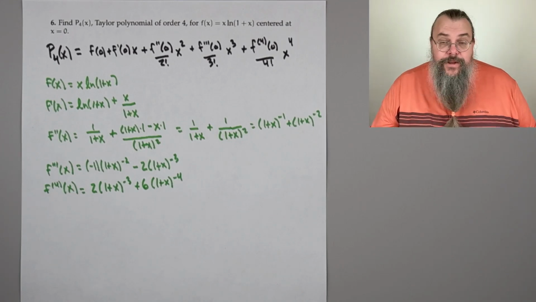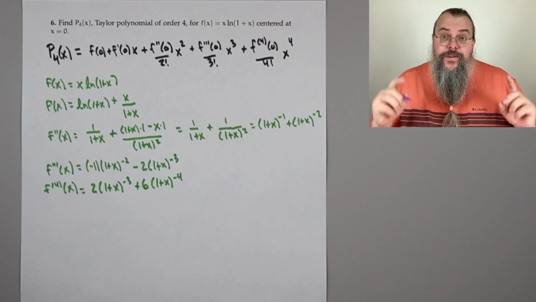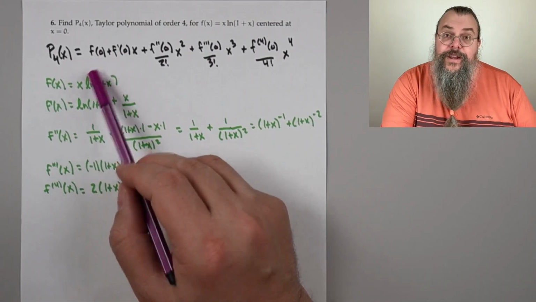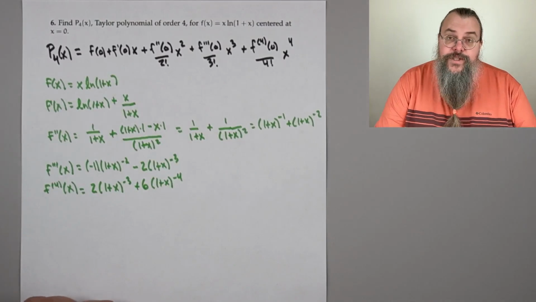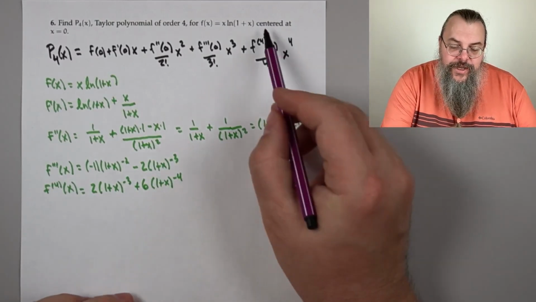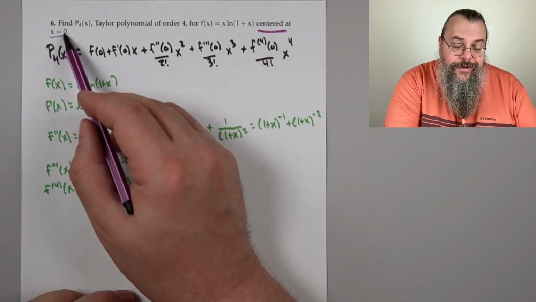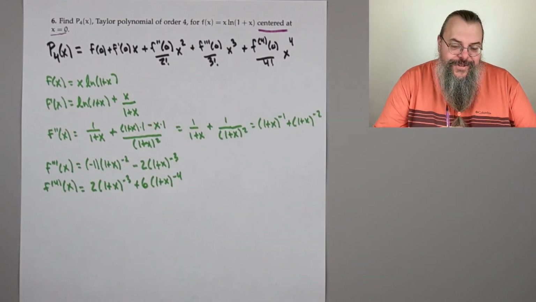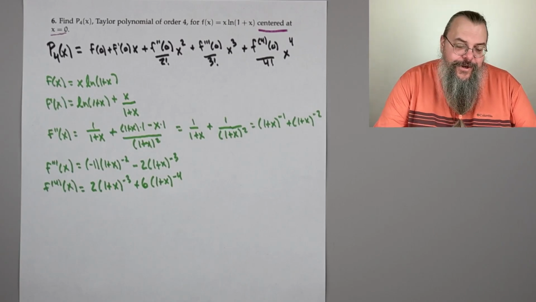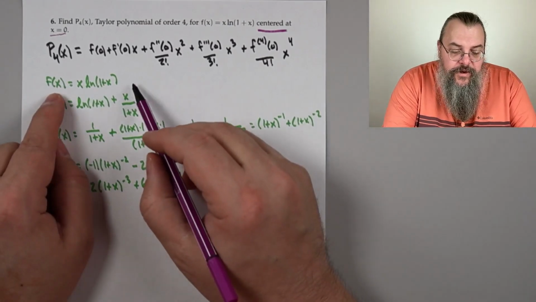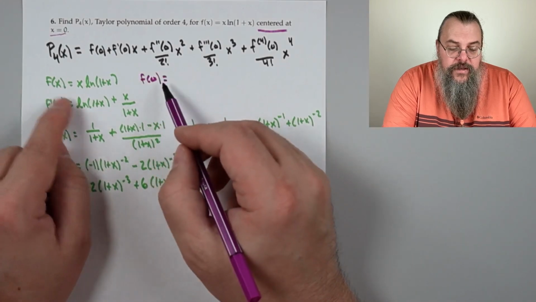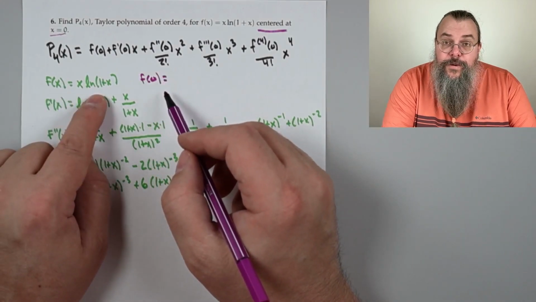Now we evaluate these at 0, right? It's not that we put in the functions, we put it in the functions at the point where we're centered. So pay attention. They could be sneaky and say, oh, centered around 1. Whoa. No, don't fall for that. Okay, so plug in 0. All right, f of 0, what is that? 0 times log 1.